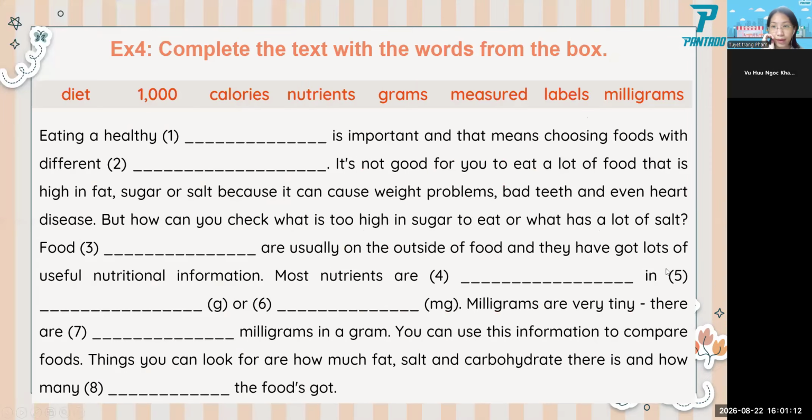And now we move next. Complete the task with the words in the box. You have some words here. Diet, 1000, calories, nutrients, grams, measure, label, and milligrams.